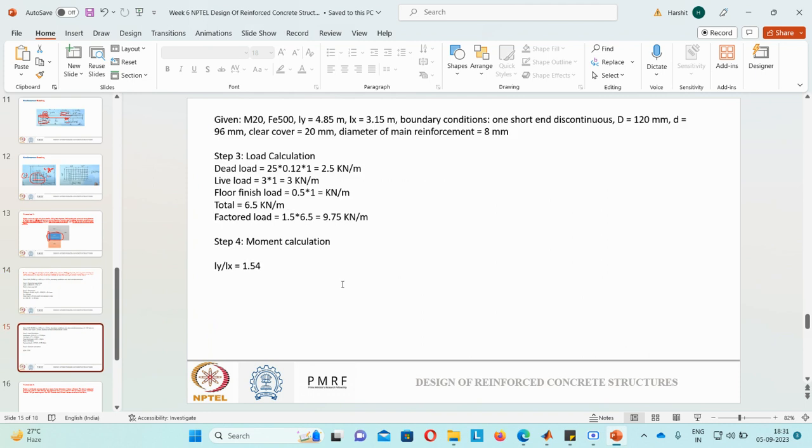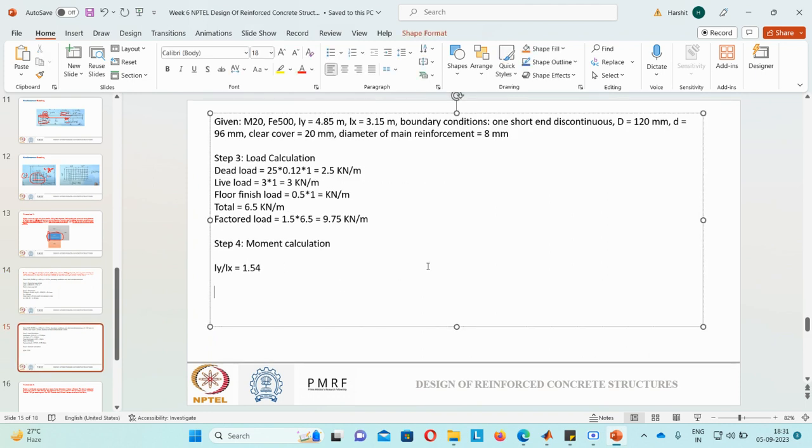Now I will tell you the final value because these are all basic mathematics. So alpha x positive you will get as 0.069, alpha x negative you will get as 0.052.